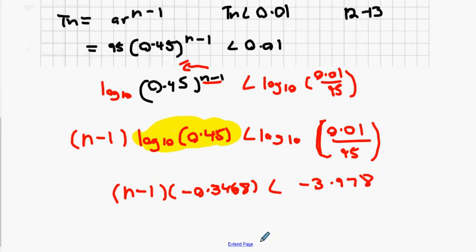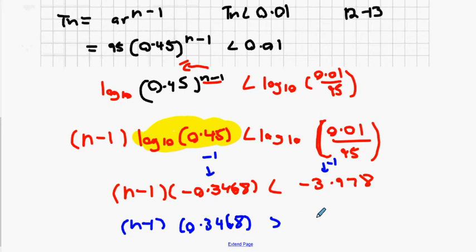Okay. So multiply both sides by minus 1. What can happen here is the inequality flips. So we get n minus 1 times 0.3468 greater than 0.3978.